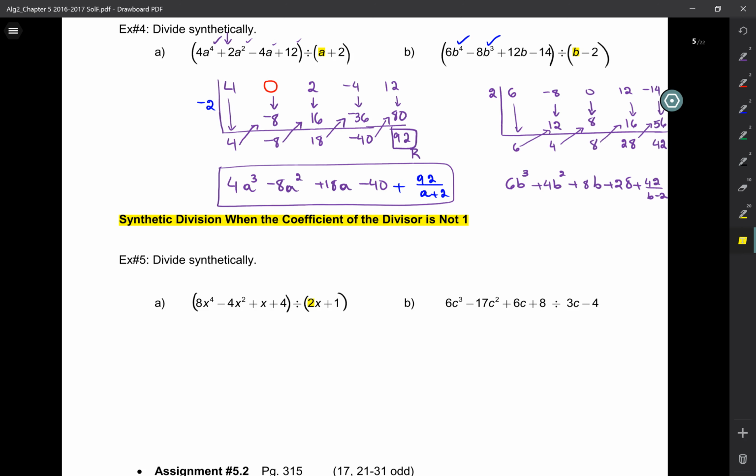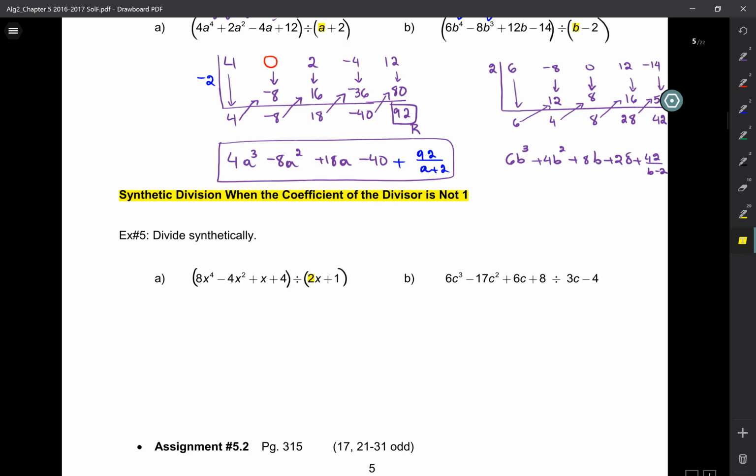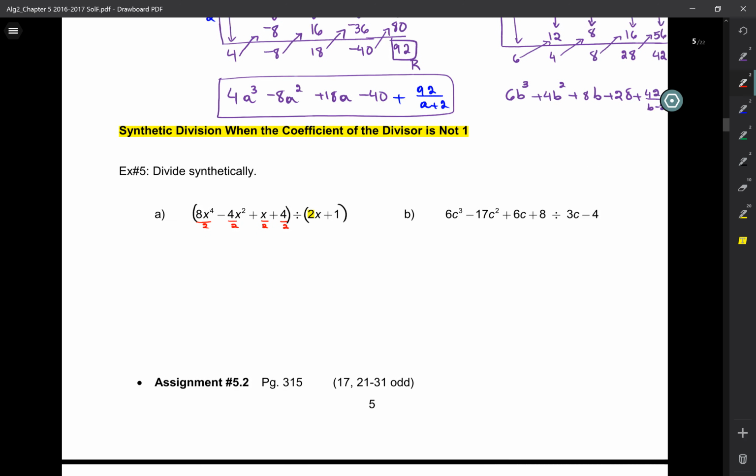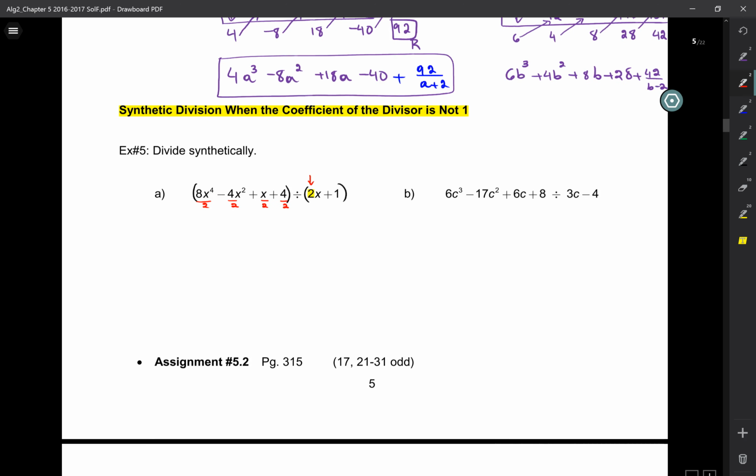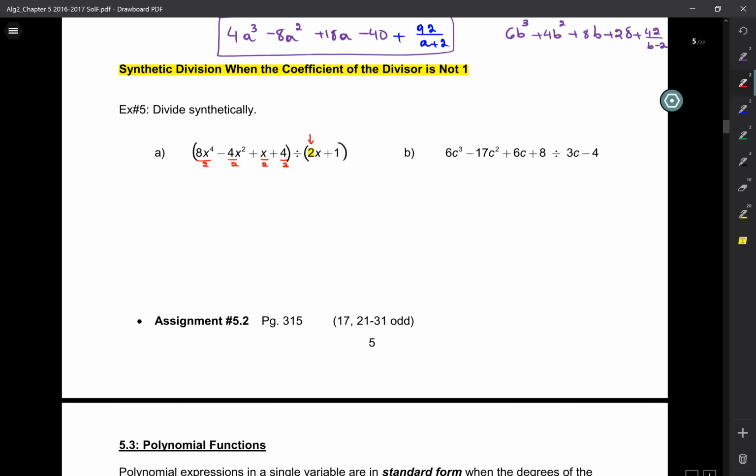All right, so because that number is a 2, the first thing we have to do is divide everything here by a 2. Okay? Because this number is a 2 here and not a 1. And now we're going to get fractions. I'm warning you now, you're going to have to work with fractions, okay?